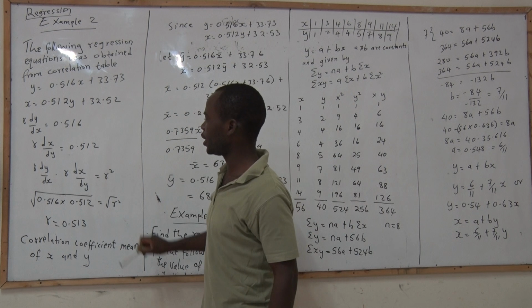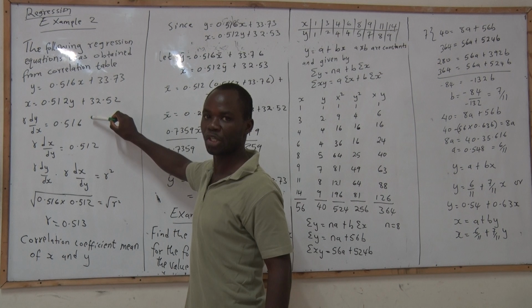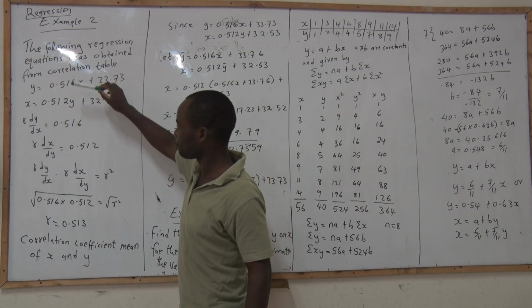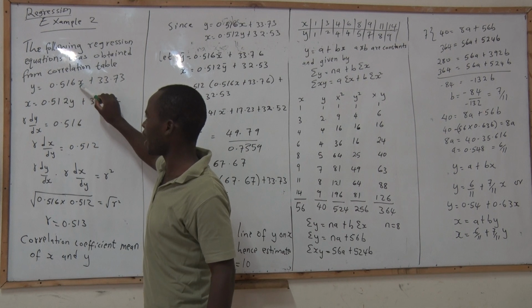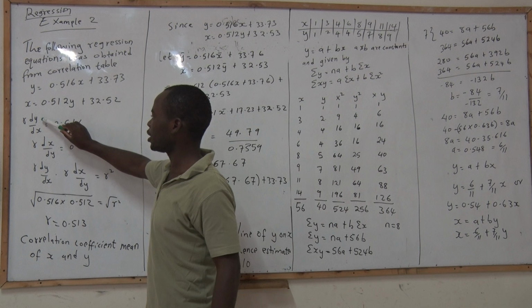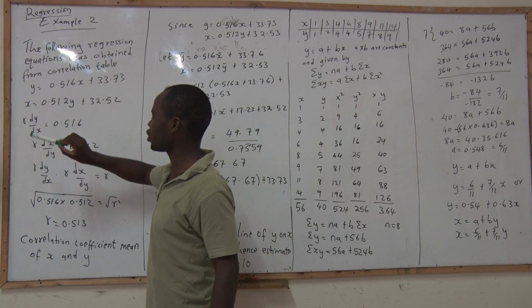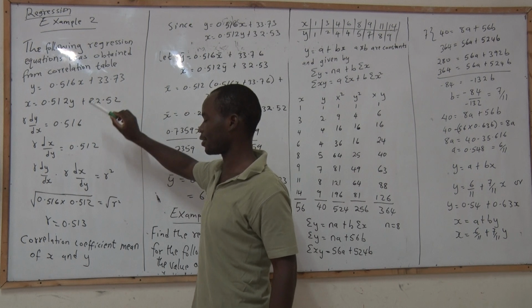So therefore, we need to get the regression relation R. To do that, we are going to differentiate y with respect to x in the first equation. If we take the derivative of y with respect to x, we get 0.516.